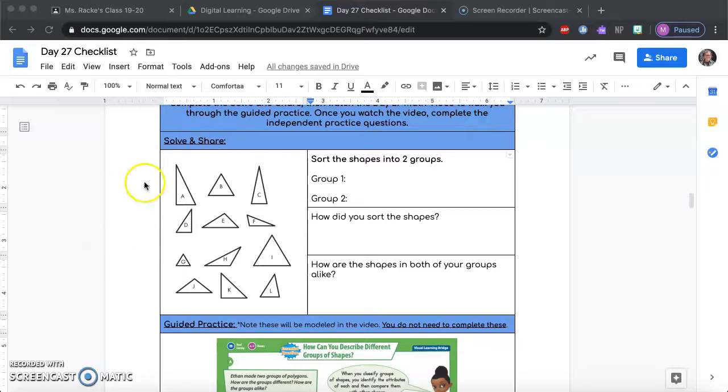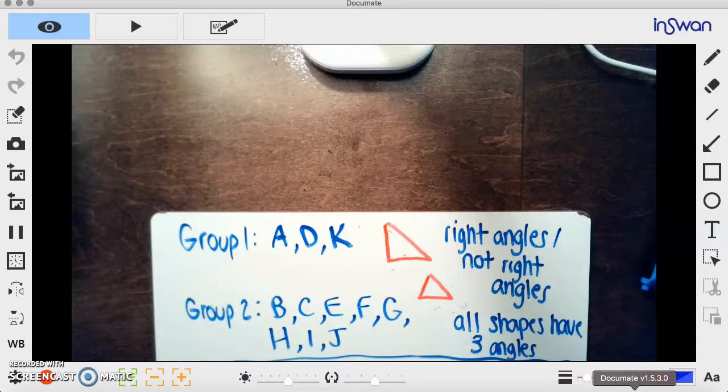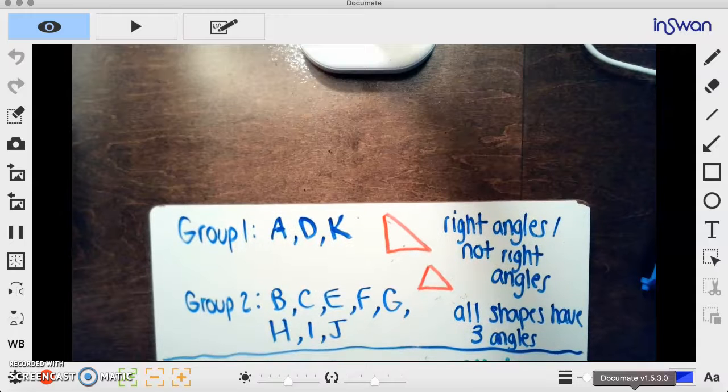So if I look at these right here, I can notice that triangle A, triangle D, and triangle K all have right angles in them, which means that one of their angles is square. All the remaining ones do not have them. So if I were to sort them by that, then I could say right here, my group 1 is A, D, and K, and my group 2 are all the remaining.